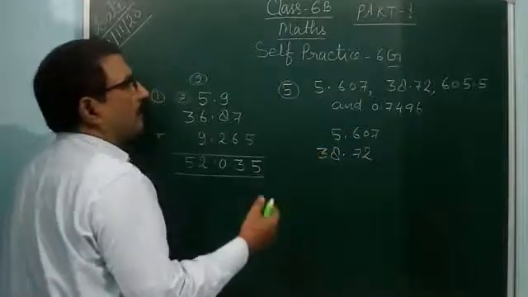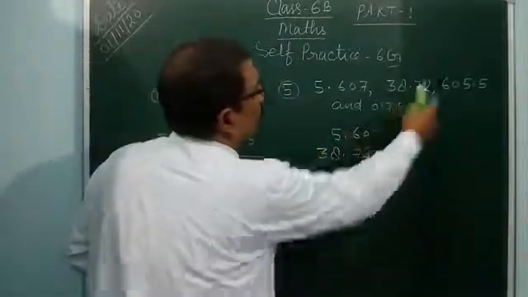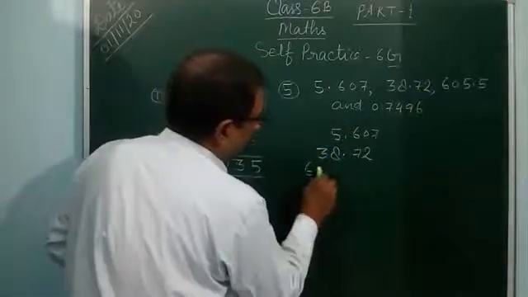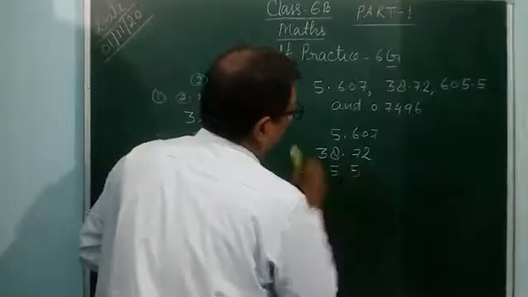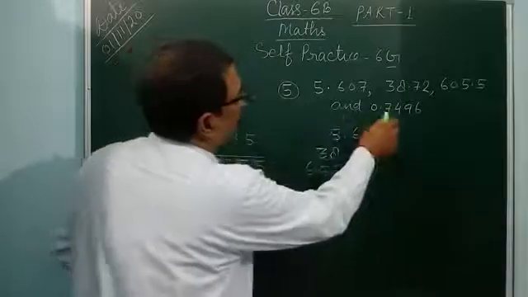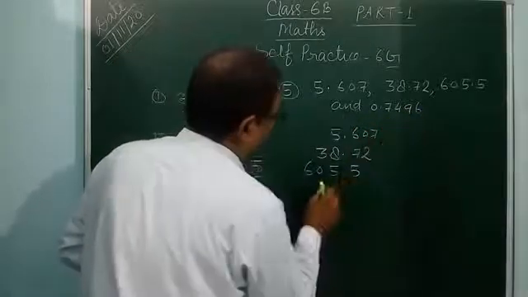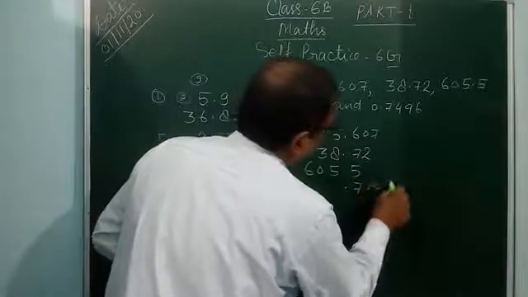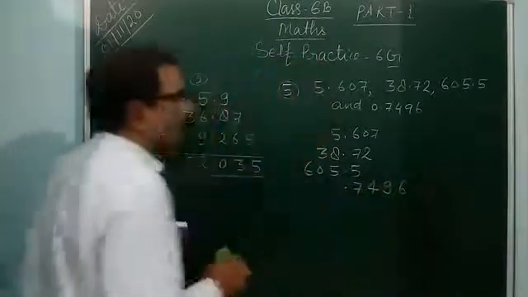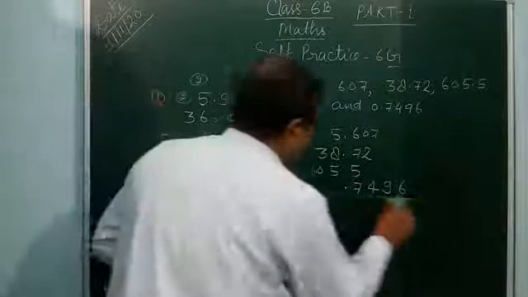Then 605, the whole number you arrange, like that. 0.5, only one digit after decimal, and 0.7496 here, 0.749 and 6. After that you can add.